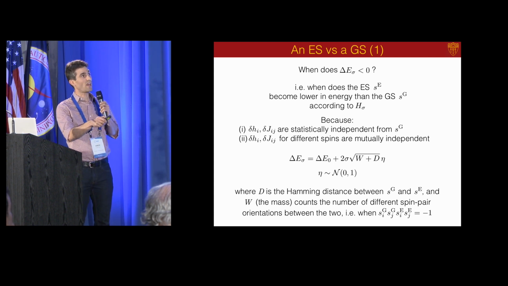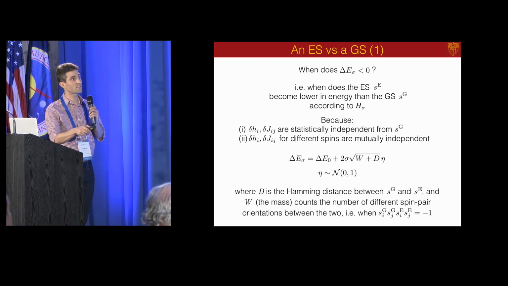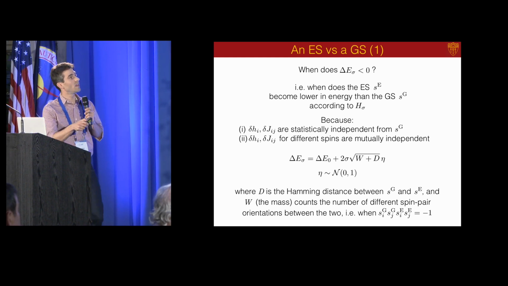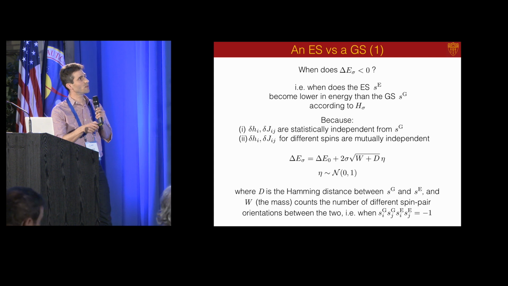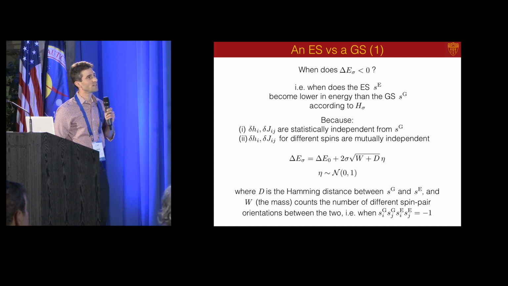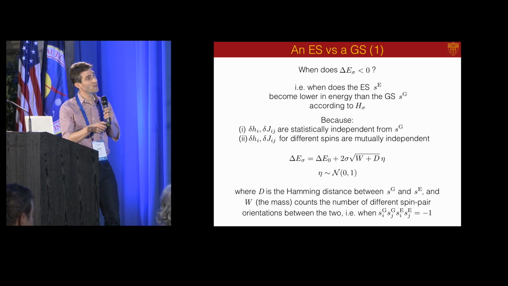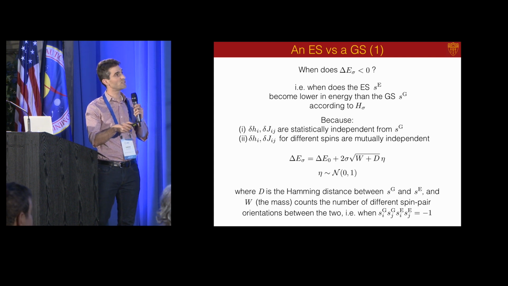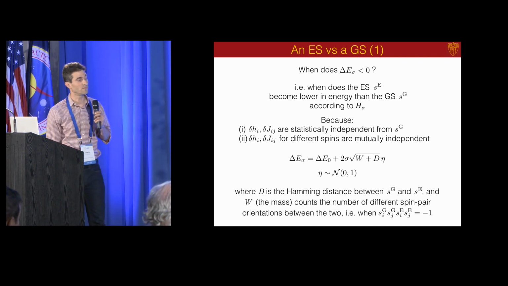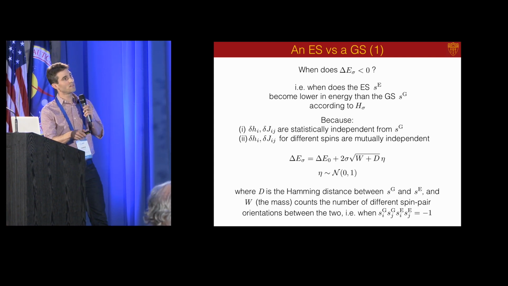D is the Hamming distance between the ground state and the excited states, and W I'll sometimes refer to as the mass, and essentially this just counts the number of different spin pair orientations between the ground state and the excited states, meaning for every bond, when I calculate this quantity, if it's -1, it contributes +1 to W.